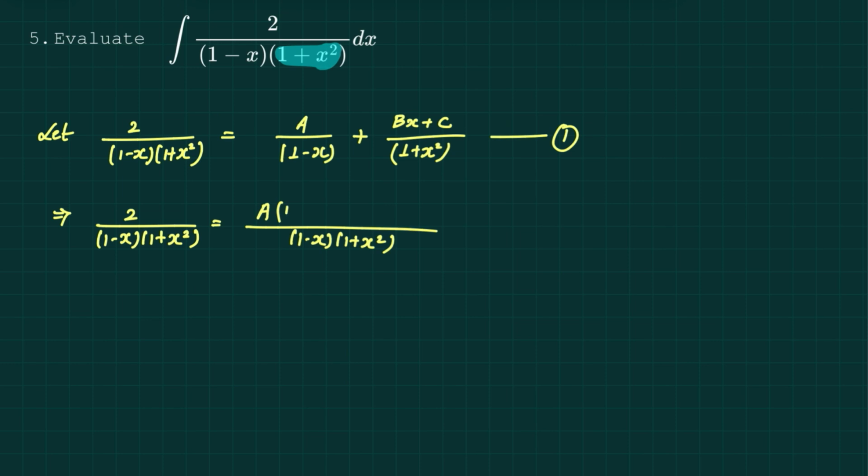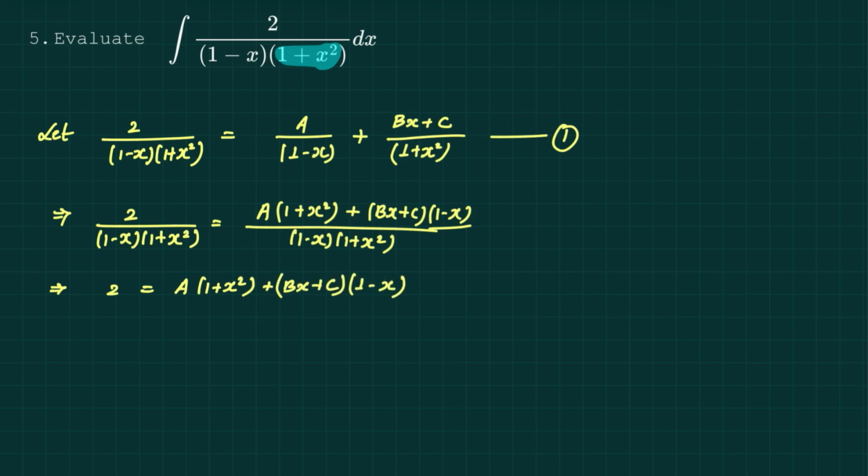and on the numerator we will have a into 1 plus x square, plus here it will be bx plus c into 1 minus x. This implies 2 equals to a into 1 plus x square plus bx plus c into 1 minus x. Let this be equation 2.